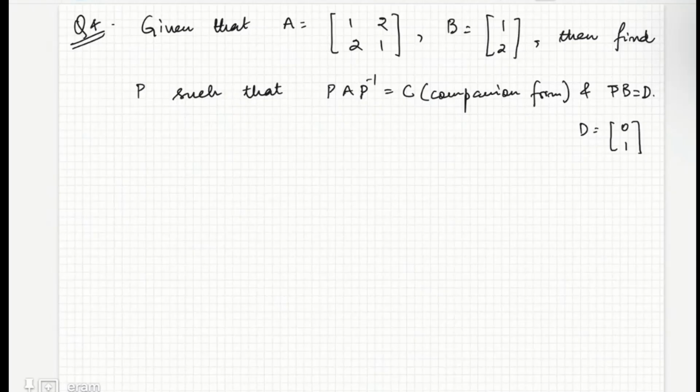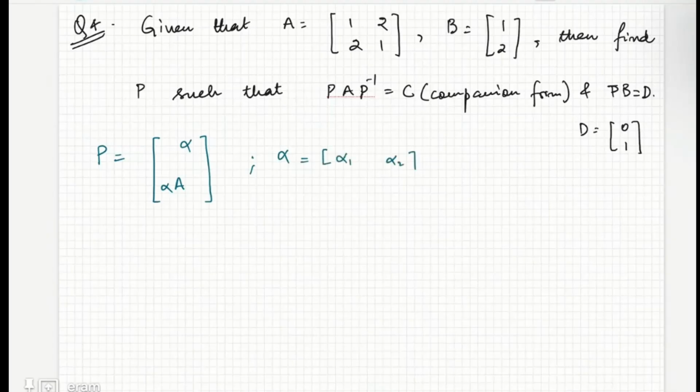The same as the previous question, we know how to find that transformation matrix P. Again, we will assume that matrix P is of the form alpha and alpha A, where alpha is alpha 1, alpha 2.